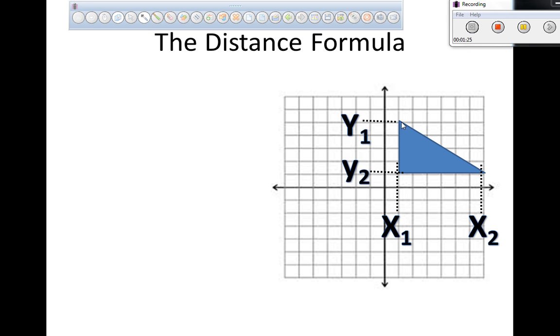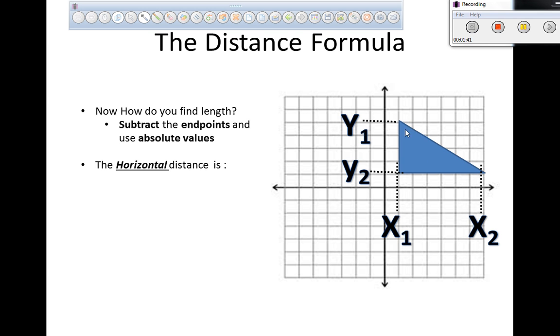Now we have y1, y2, x1, x2. This is what we've been doing: taking the change in x and the change in y. So we subtract the two endpoints, and when we talk about horizontal, we're talking about the change in x.